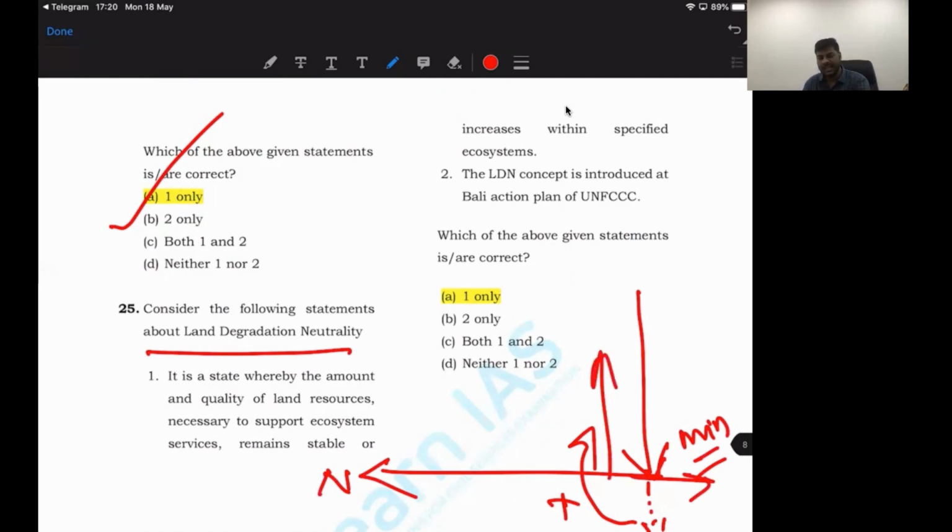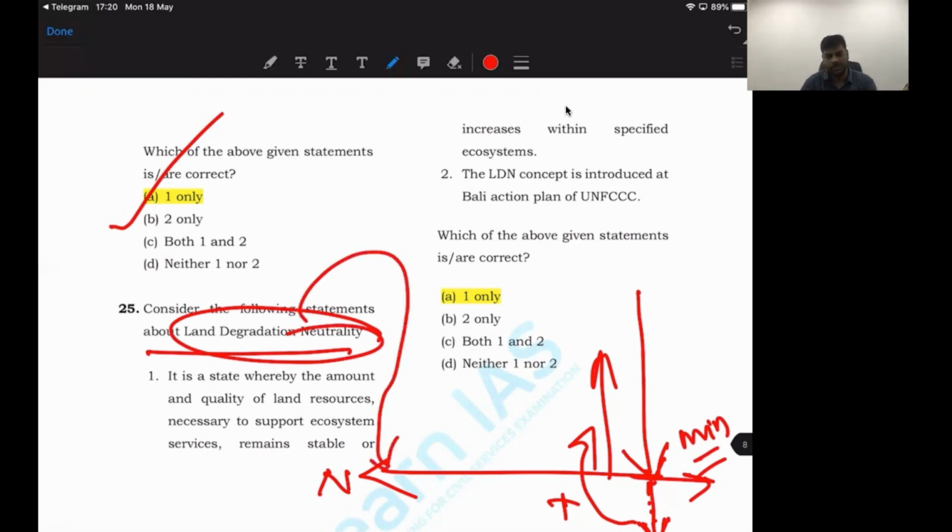Land can again regain its ecological importance and its biodiversity. But if it goes beyond this particular level, land is beyond restoration. So UNCCD's land degradation neutrality concept says that we should prevent degradation which goes beyond this particular value. I hope you are all clear about the concept.